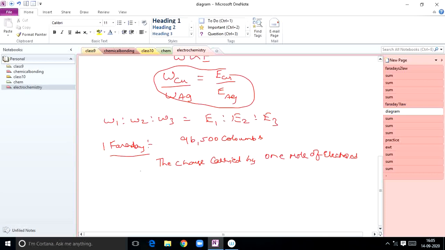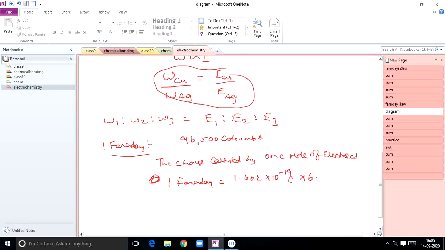So here we can get it, 1 Faraday is equal to the charge of 1 electron, 1.602 into 10 power minus 19 coulombs, into Avogadro number of electrons.